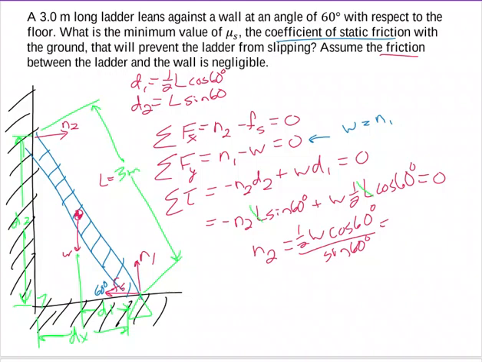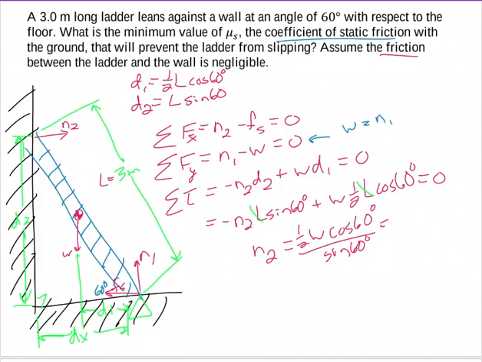Okay, so as of right now, we have normal 2. And actually, we can simplify this. You guys mentioned that cosine over sine is what? Cotangent. But the reciprocal of cosine over sine is sine over cosine, which is tangent. So I'm actually going to rewrite this as normal 2.